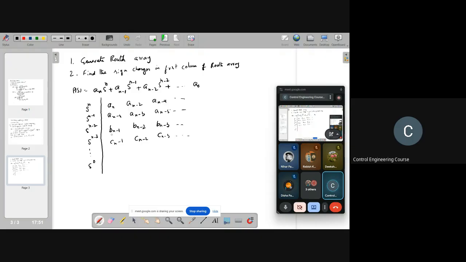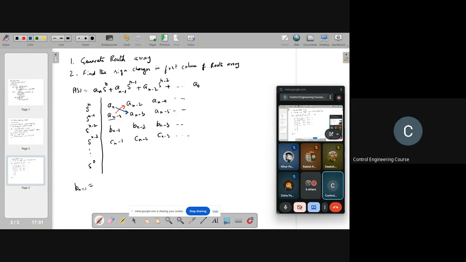So where bn and cn are calculated like this. Let bn minus 1 be equal to the product of these two terms minus the product of these two terms divided by this one.